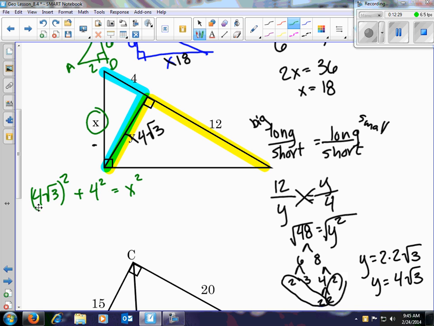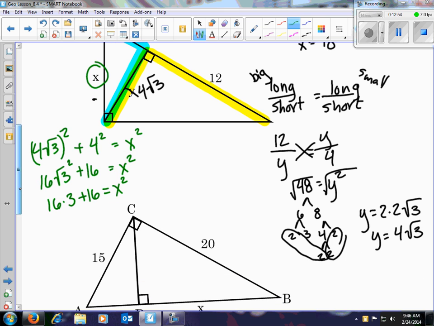Now, 4 radical 3 squared is going to be 16 times radical 3 squared, plus 16 is equal to x squared. And the square root of a squared thing is itself, so 16 times 3 plus 16 is equal to x squared.